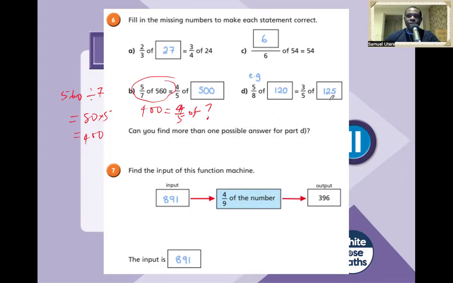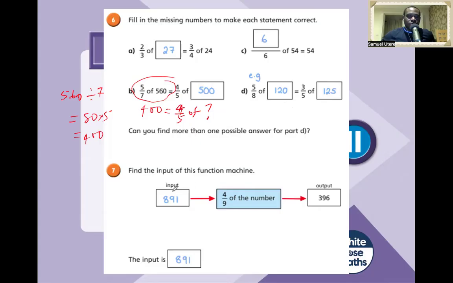We can do it in an algebraic way, but we're not going to do that now, so as not to confuse you. So it's about thinking of numbers that if you put in there, 5/8 of that number will be equal to 3/5 of that number. You can also use your bar model to represent the solution.